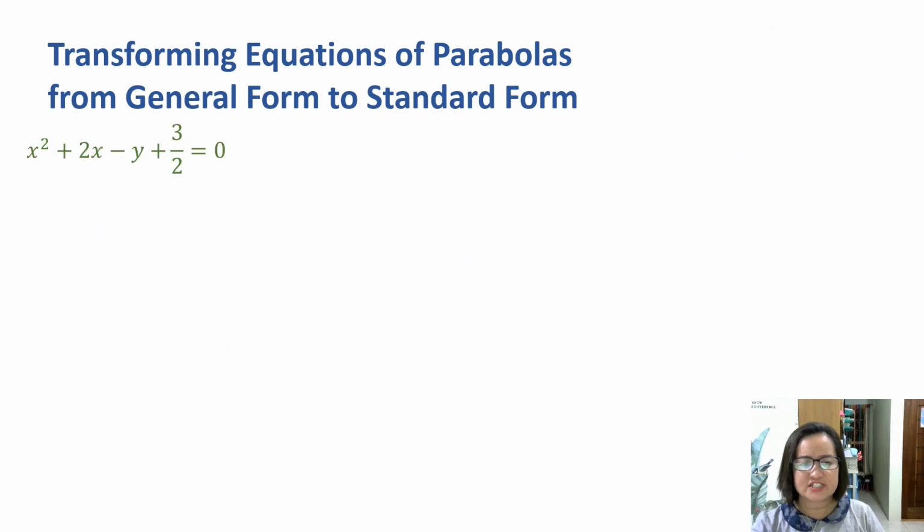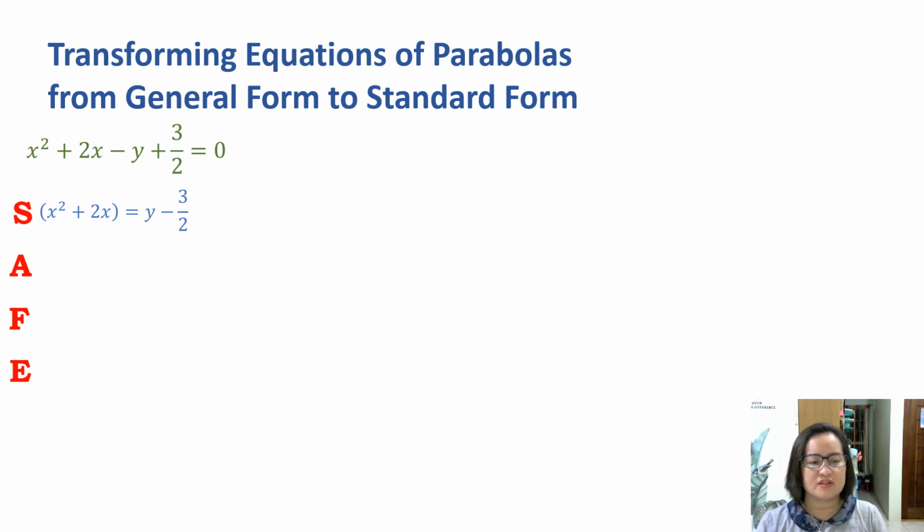In the third example, we will have x squared plus 2x minus y plus 3 halves equals 0. Take note, this is the second example a while ago. Now, we do the first step, separate the variables, or separate the terms with the variable having the quadratic term.